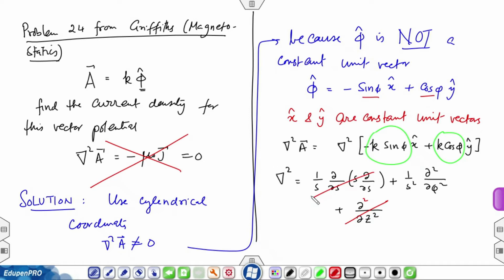So, what I am going to get for del square A is k over s square times x d2 by d phi square of sin phi, there is a minus sign here, plus y d2 by d phi square of cosine phi. And that is a very easy calculation to do.